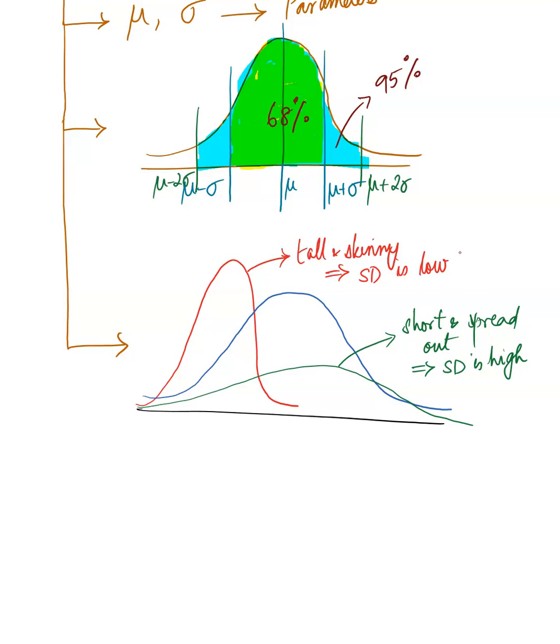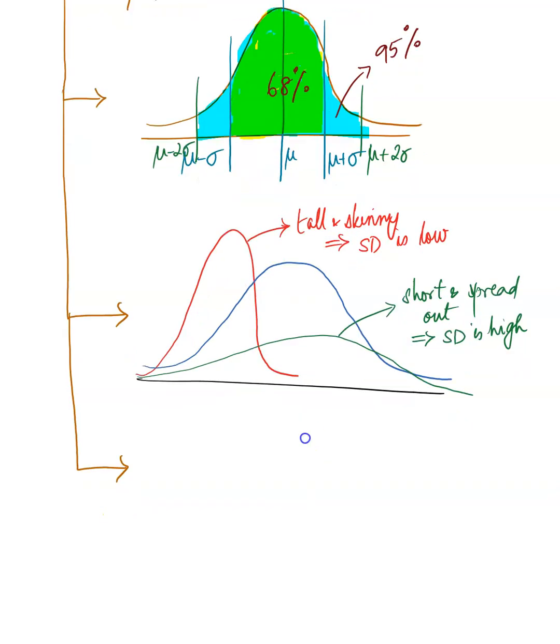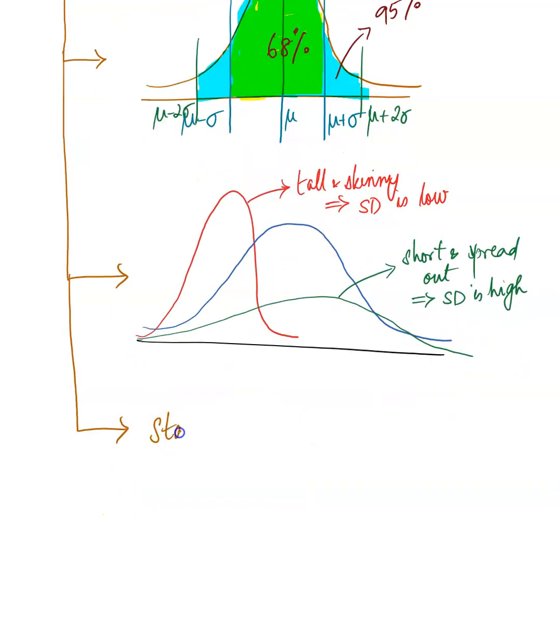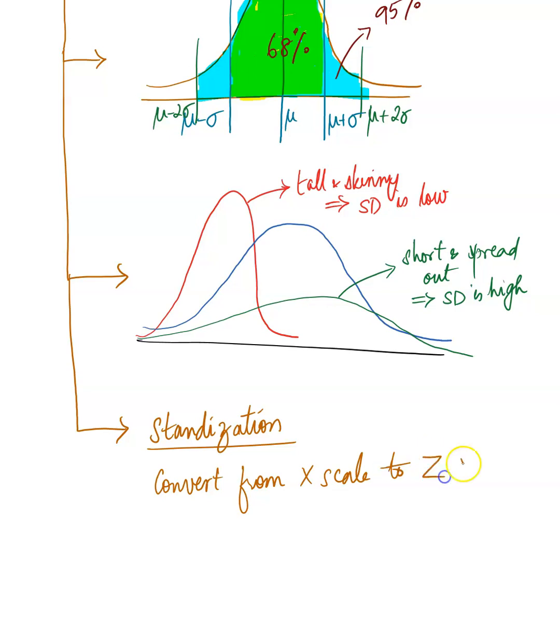Okay. All right, and then we were talking about the standardization, right? Standardization, how do we convert from the X scale to the Z scale? As I mentioned, the problem with the X scale is that your normal distributions can have all kinds of different means, different values, right?